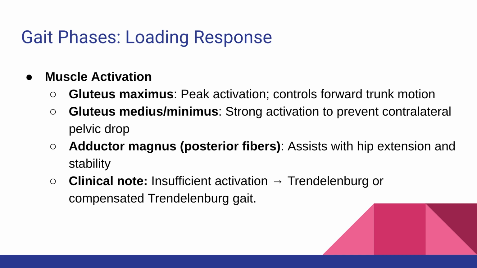The gluteus medius and minimus are strongly active to prevent contralateral pelvic drop as the body transitions fully onto one limb. The posterior fibers of the adductor magnus assist with hip extension and contribute to joint stability.